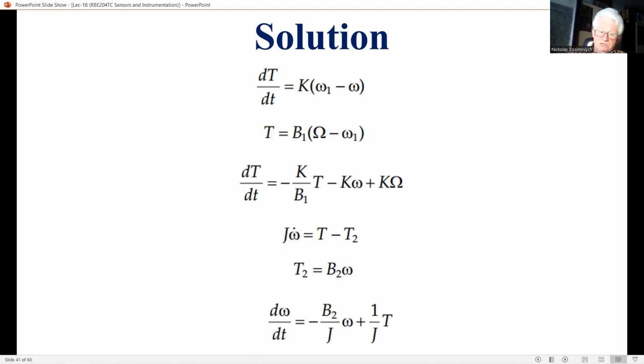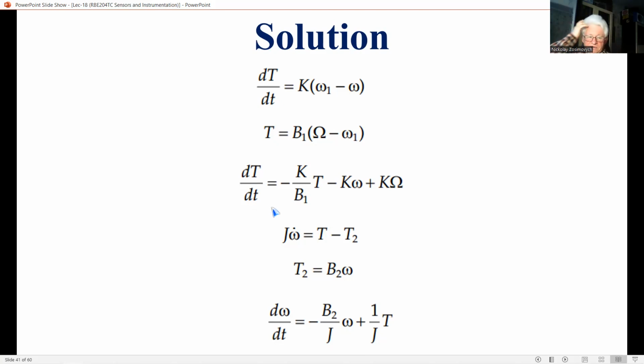The constitutive or physical relation for the shaft K is given in the first equation. The constitutive relation for damper B1 is represented by the second equation for T. Substituting equation 2 into 1 gives us the third equation here. This is the first state equation.